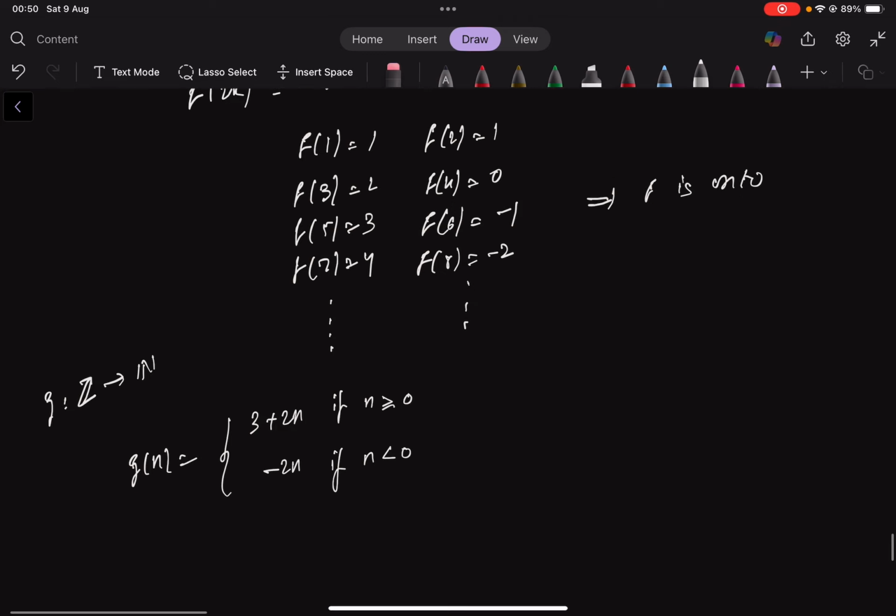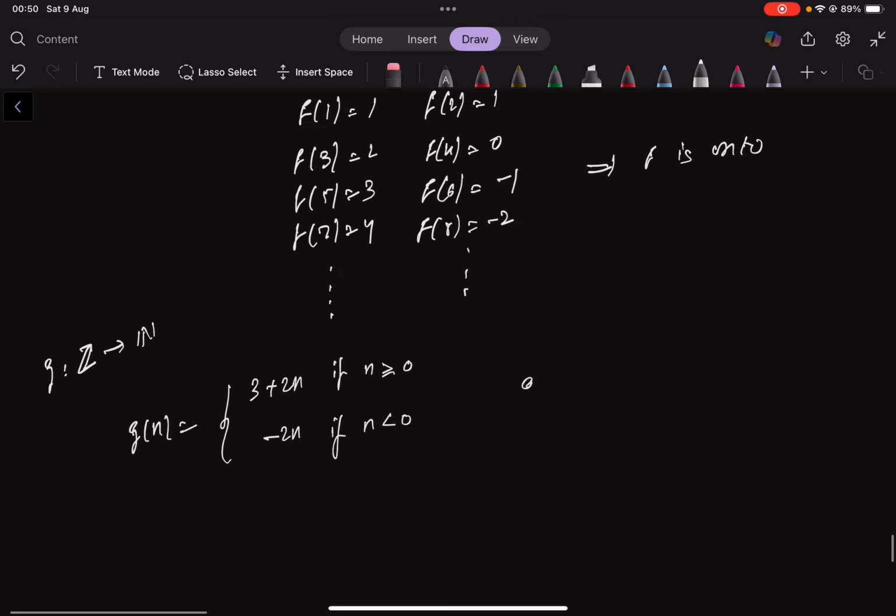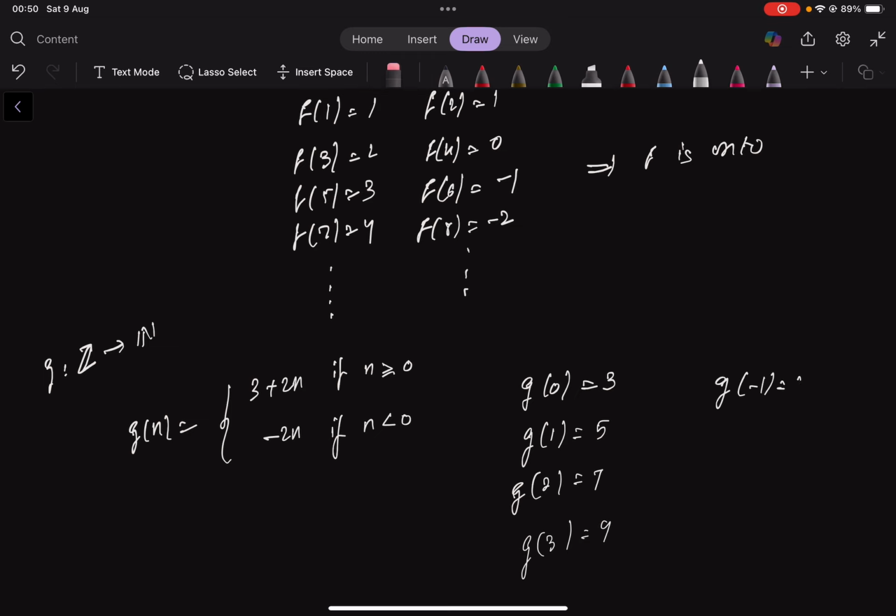If we consider g of 0, g of 0 is 3, g of 1 is 5, g of 2 is 7, g of 3 is 9, and g of minus 1 is 2, g of minus 2 is 4.